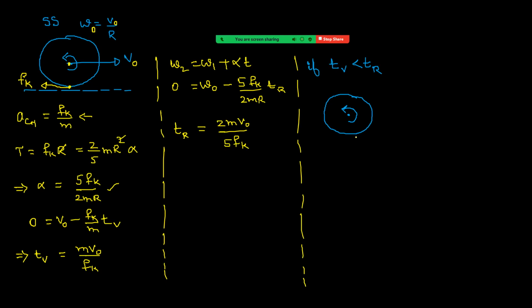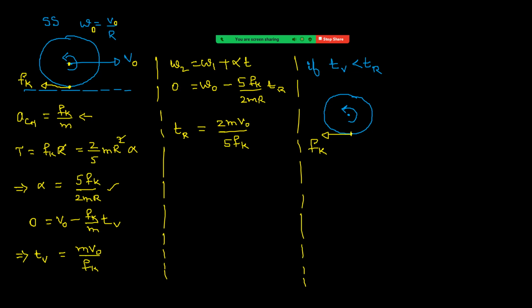So now you can focus on the contact point velocity. Because of rotation, the contact point velocity will be right side, which means friction will be left side. See carefully, here I have taken the condition that velocity becomes zero before omega becomes zero. That means at one point of time, it has only rotation, right?